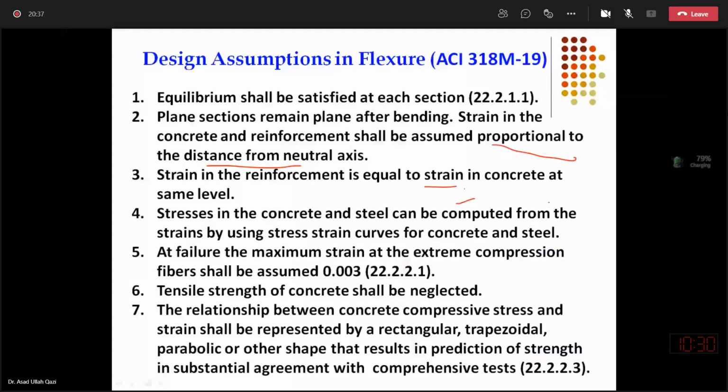So their strain magnitude will be equal. Then fourth is stresses in the concrete and steel can be computed from strains by using the stress strain curves for the concrete and steel. So this is also very important to note.